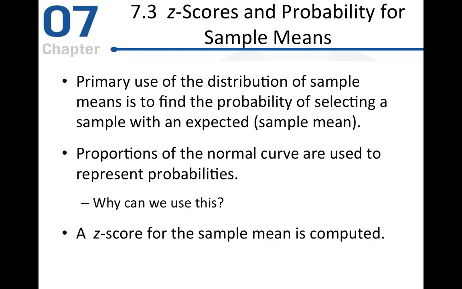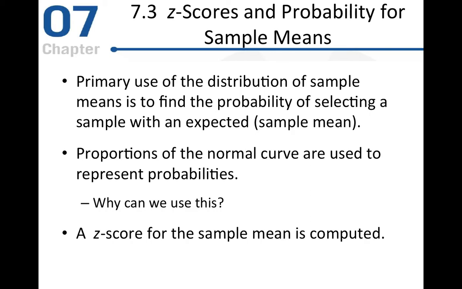Okay, so at this point, it seems like we've covered everything related to sampling means, the central limit theorem, how that helps us to know information about the shape, the central tendency as far as the mean, and variability of sampling distributions.